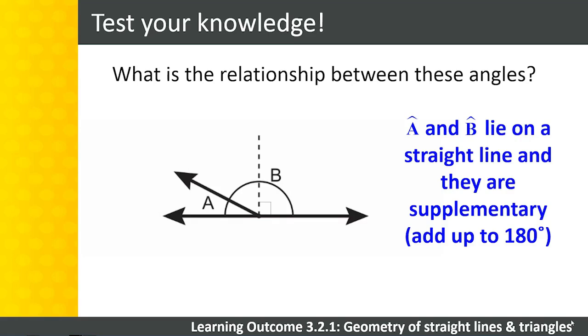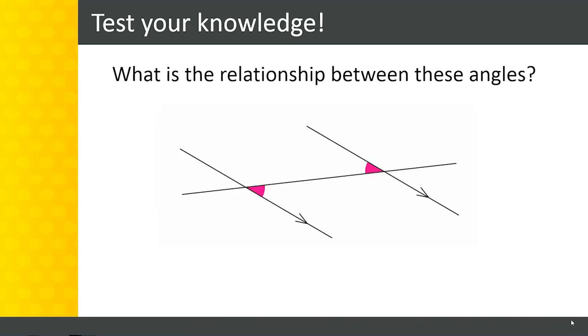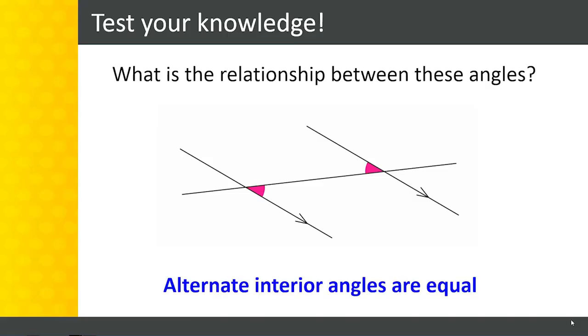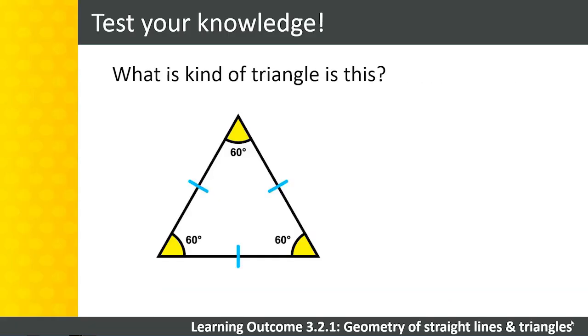Thus, they add up to 180 degrees. What is the relationship between these angles? Alternate interior angles are equal. What kind of triangle is this? It's an equilateral triangle.